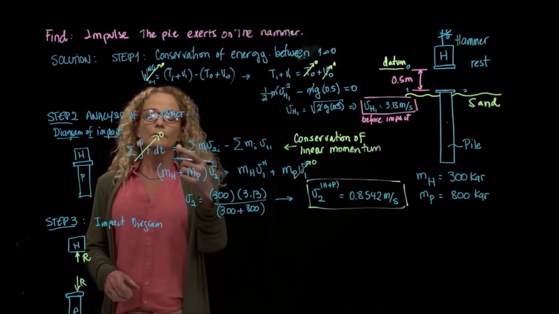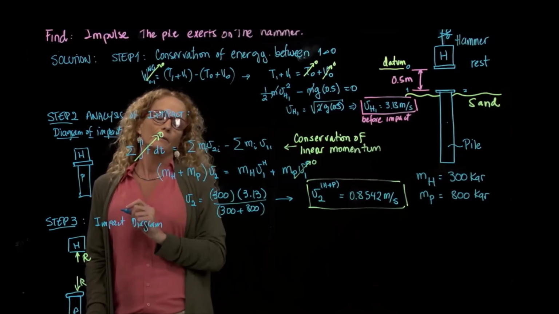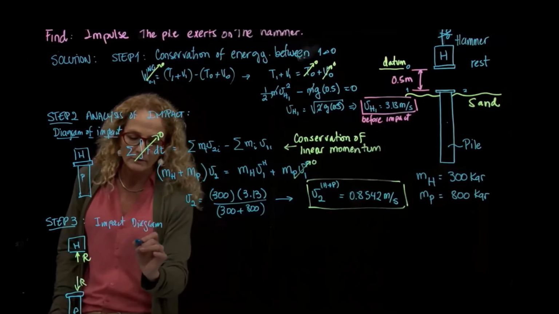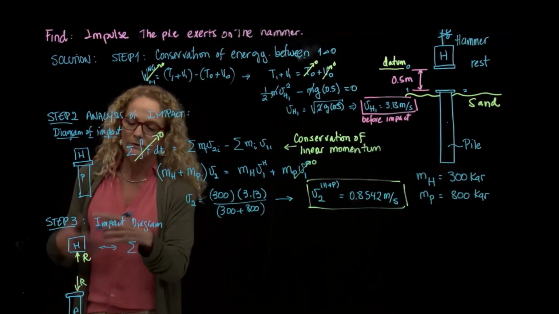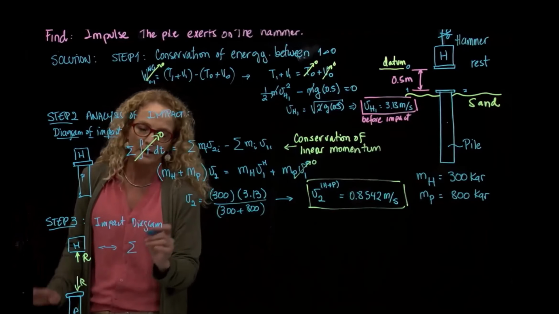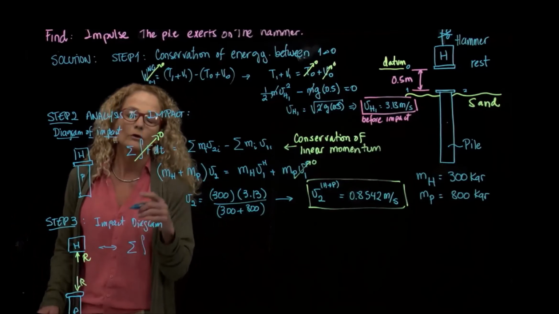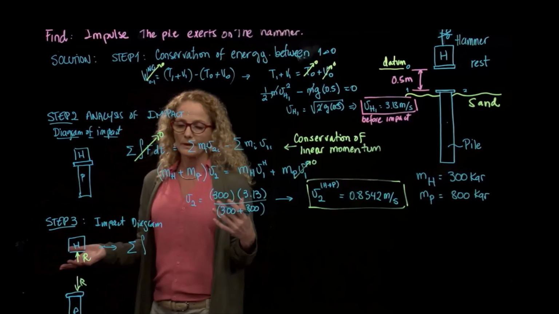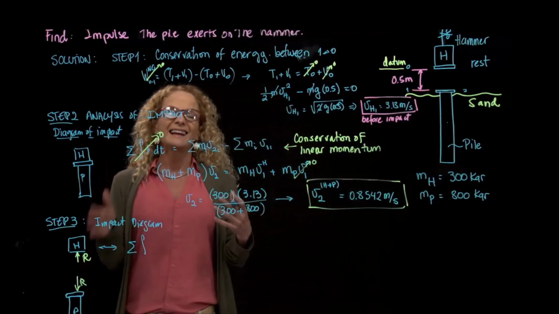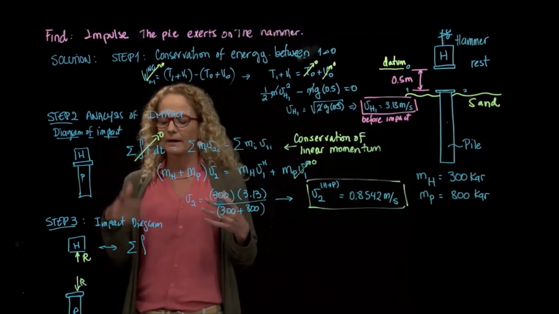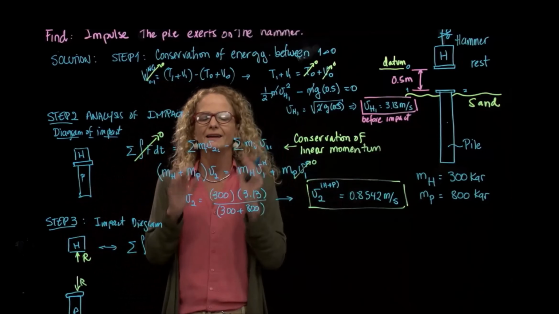So if we rewrite the principle of impulse and momentum, let's do it for this impact diagram. I like to call it impact diagram, because it's different from a free body diagram in the sense that I am neglecting the weight and all the forces that have a finite magnitude.